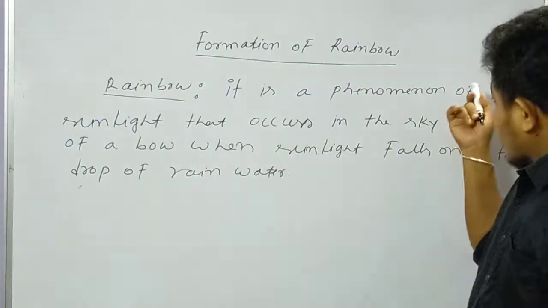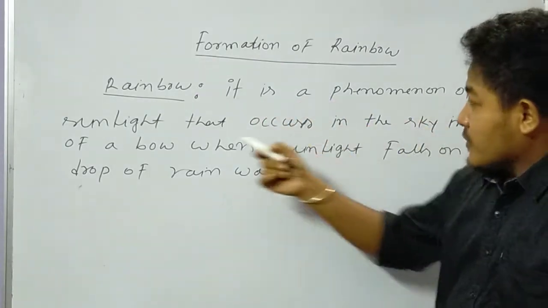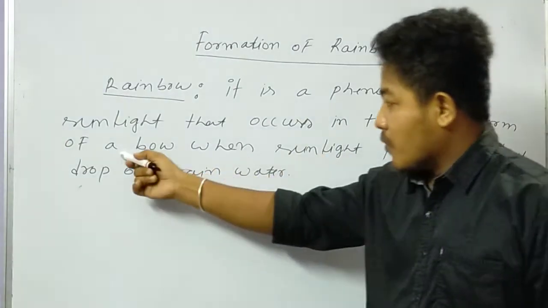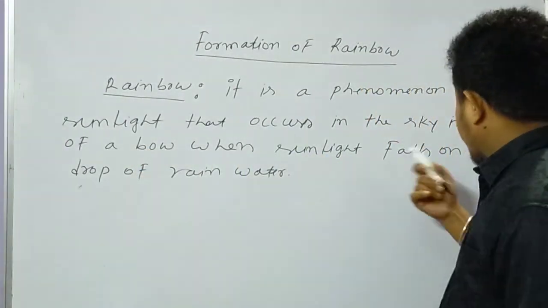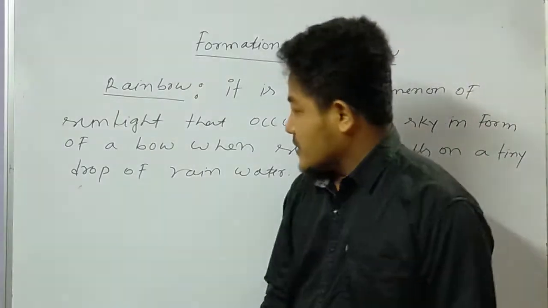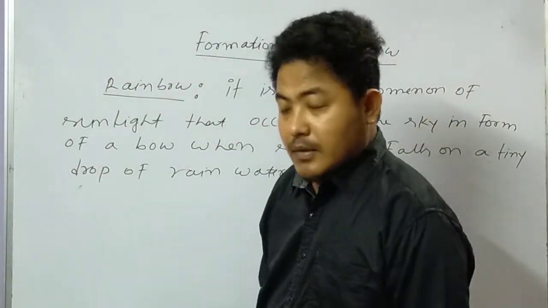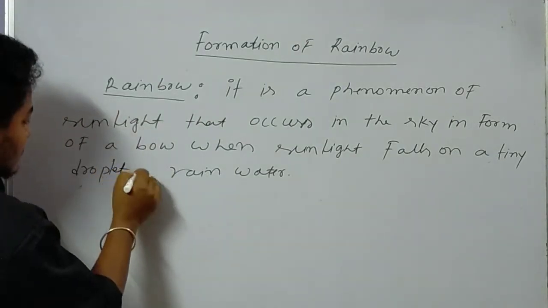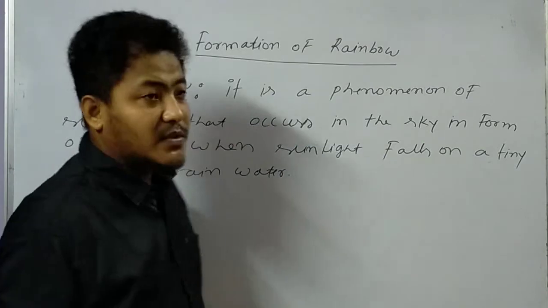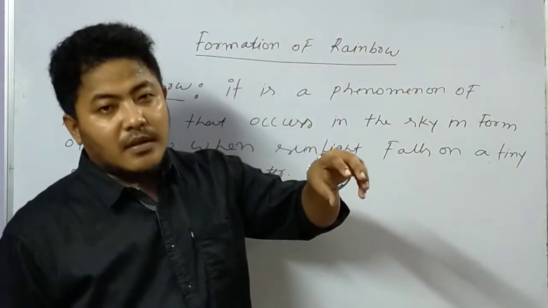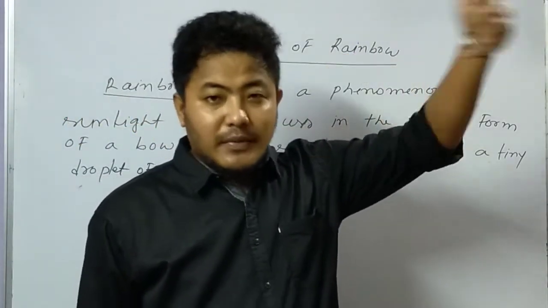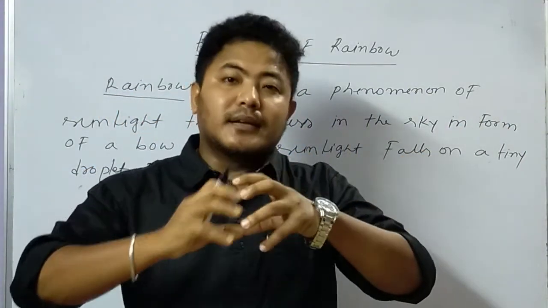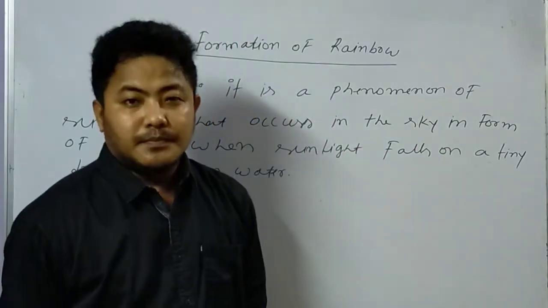It is a phenomenon of sunlight that occurs in the sky in the form of a bow when sunlight falls on tiny droplets of rainwater. That means once the sunlight falls on a raindrop, the raindrop will behave as a prism.